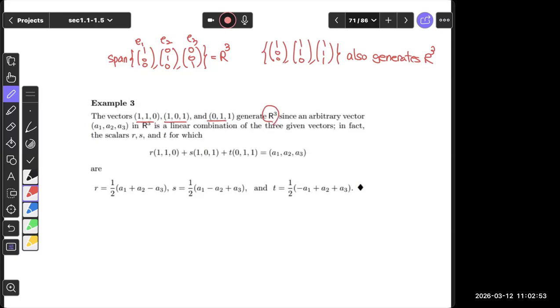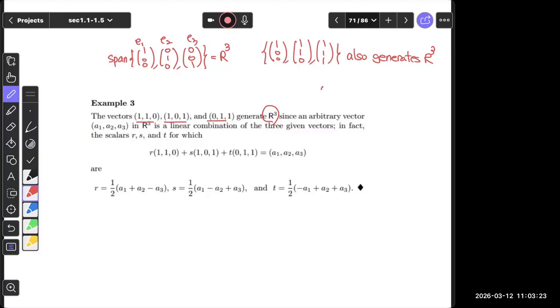Now, how can I prove this? If I want to prove that they generate R3, I need to show that the span of these three vectors equals R3. Now, 1 1 0, 1 0 1, 0 1 1 are vectors in R3.